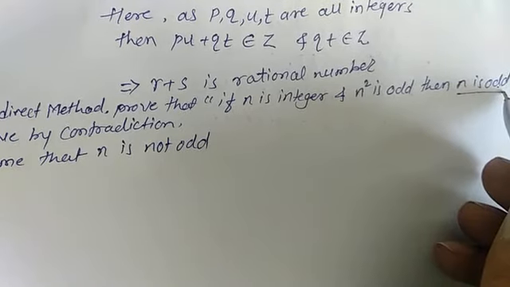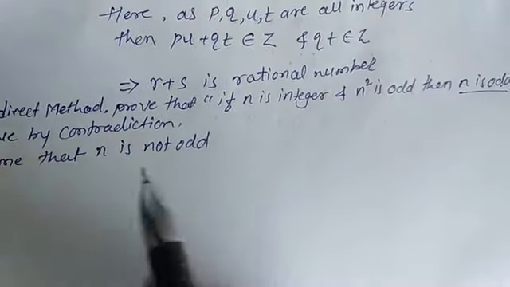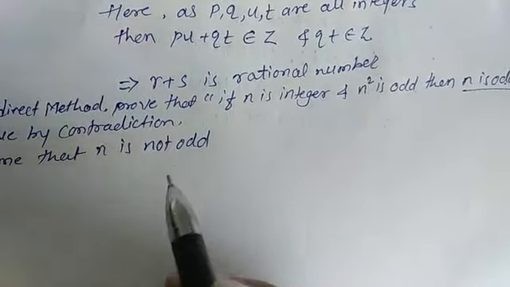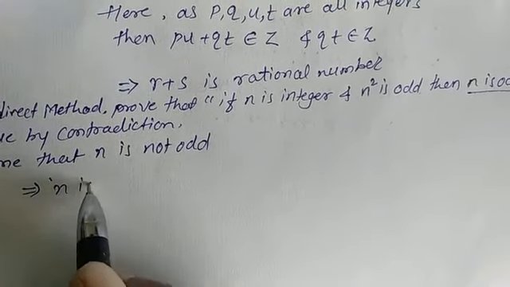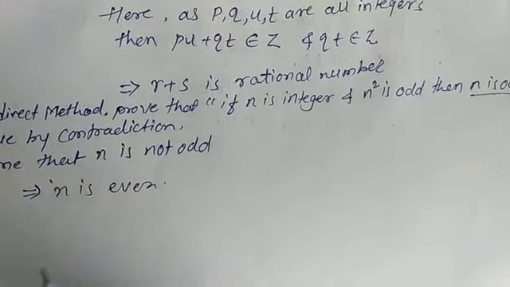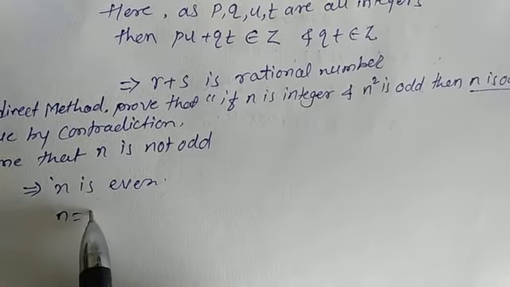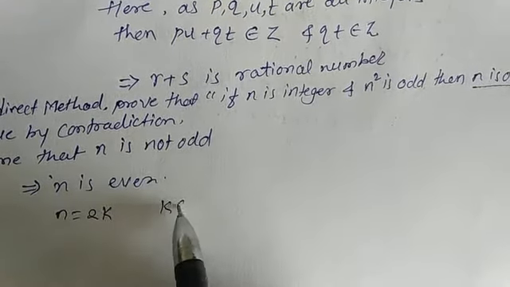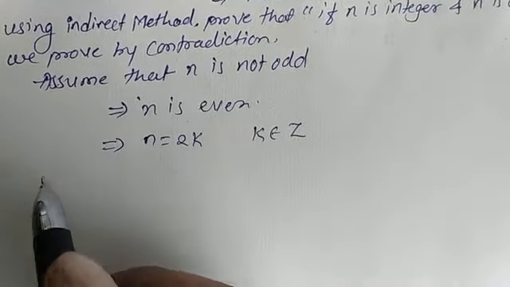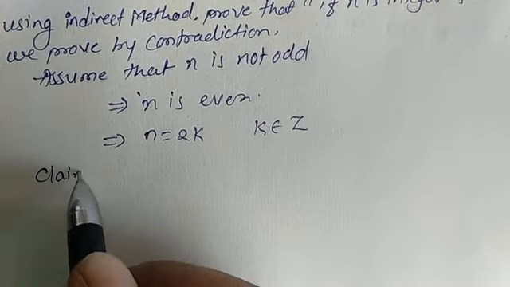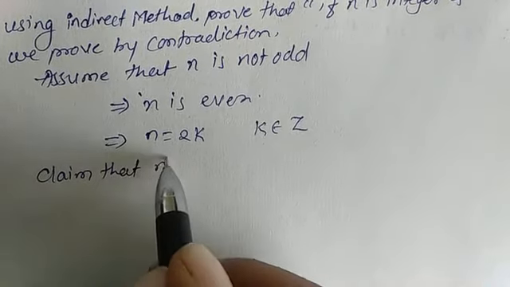Now in the indirect method we consider the contradiction. That means n is not odd, which implies that n is even. That means you can say n is equal to twice k, where k belongs to Z. Now we have to claim that n square is odd.